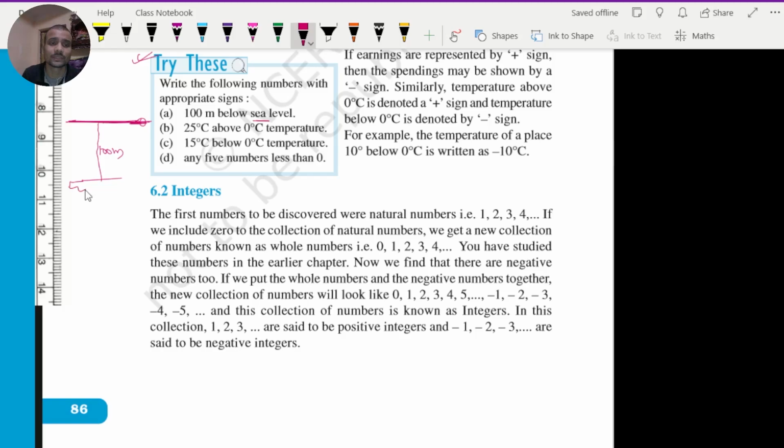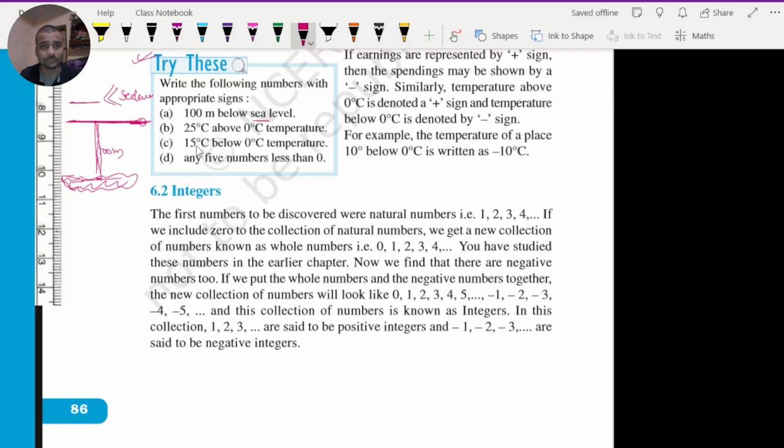Let us suppose there is a ship or any thing placed at any position under the sea. So we can say it is less than the sea level by the distance given here.